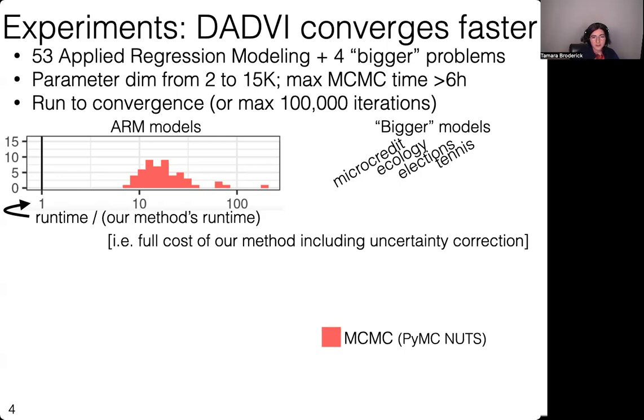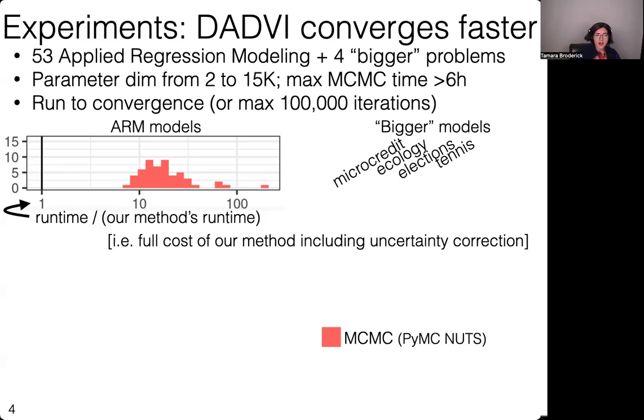So we're going to compare it to PyMC's no U-turn sampler for MCMC. On the horizontal axis here, you see the running time of the alternative method, in this case MCMC, divided by our method's running time. And I just want to be really clear, our method's running time includes both base DADVI as well as this uncertainty correction, this linear response correction that I talked about. So both of those are included in the running time.